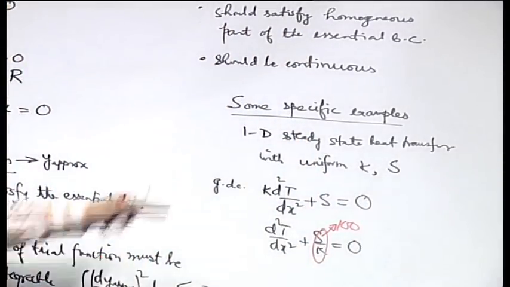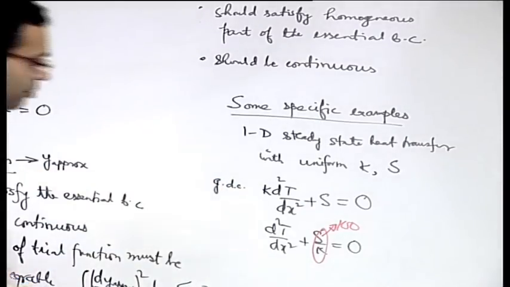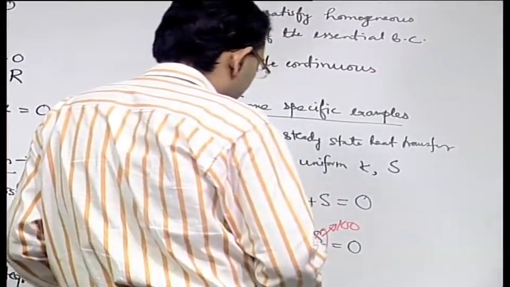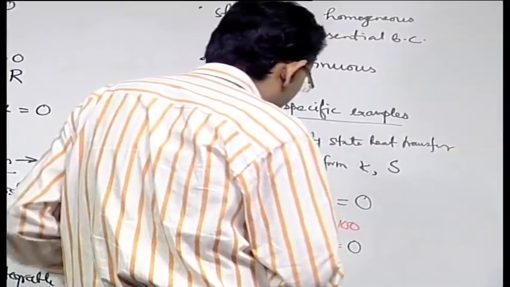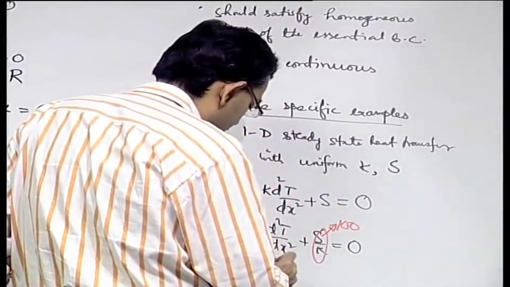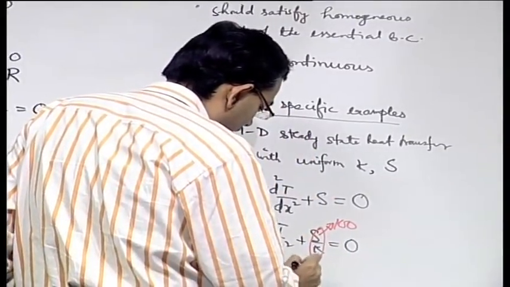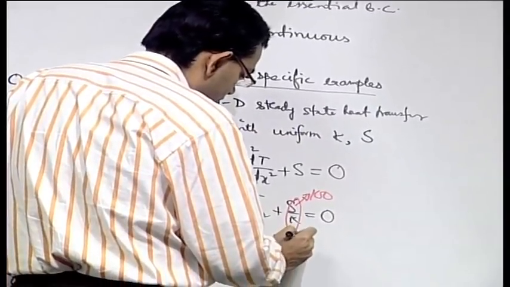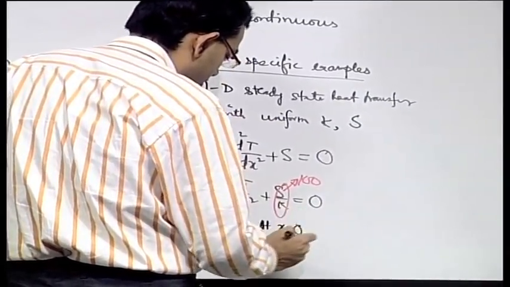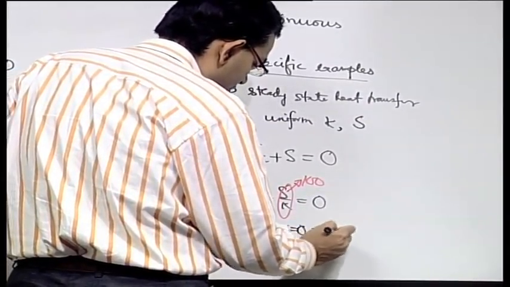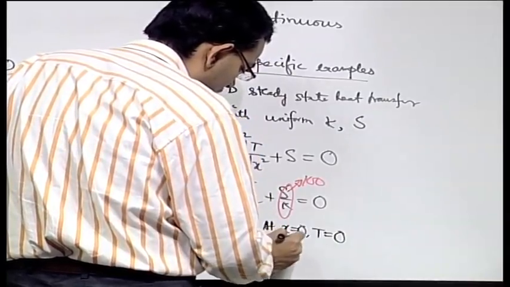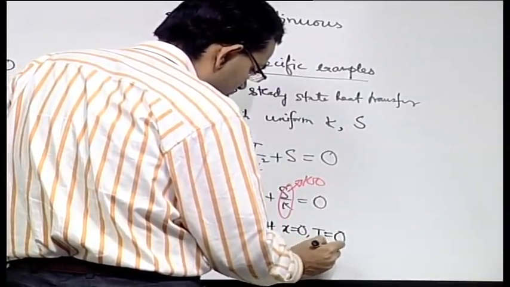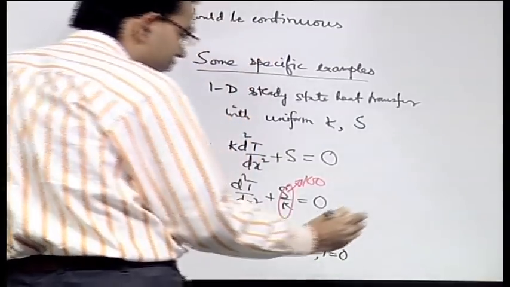We are not putting the unit here, but it is with consistent units. And let us say that the boundary conditions are such that at x equal to 0 you have T equal to 0, and at x equal to 10, T equal to 0.